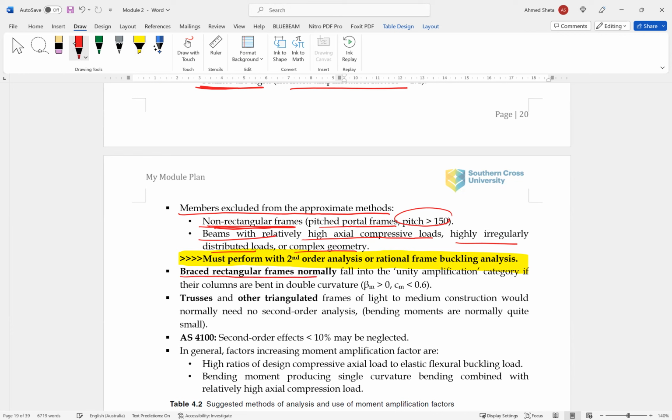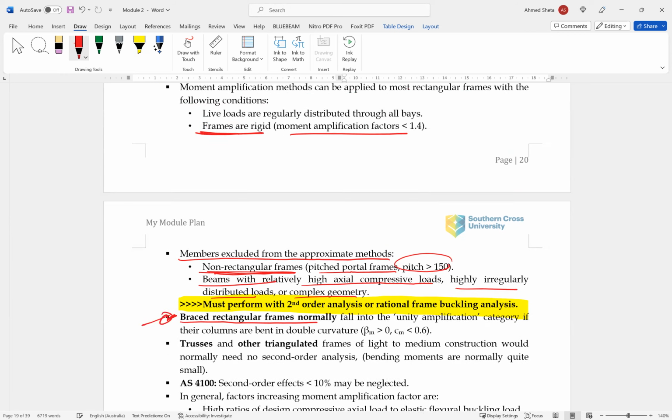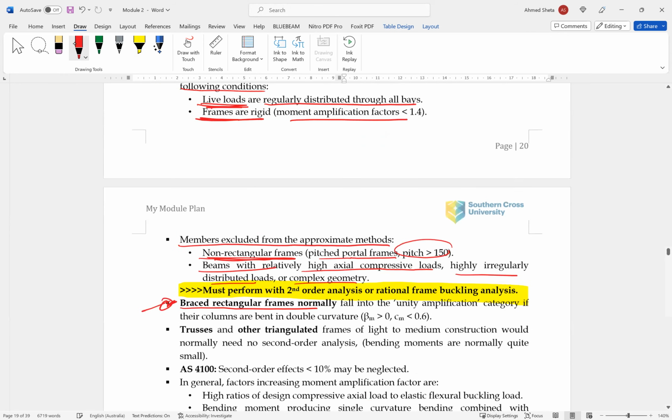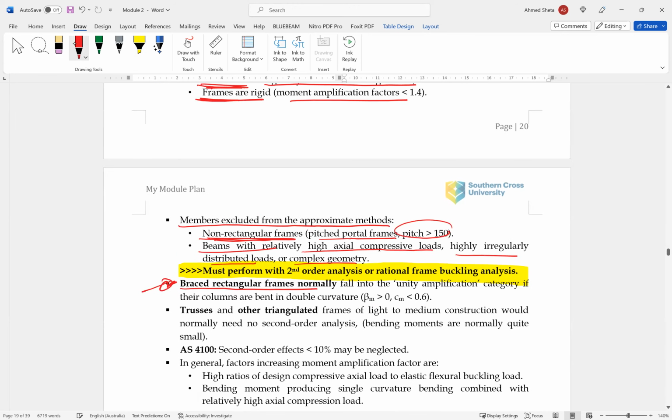Braced rectangular frames also normally fall into the unity amplification category if their columns are bent in double curvature. Okay, so the braced rectangular frames fall into the unity amplification factor.